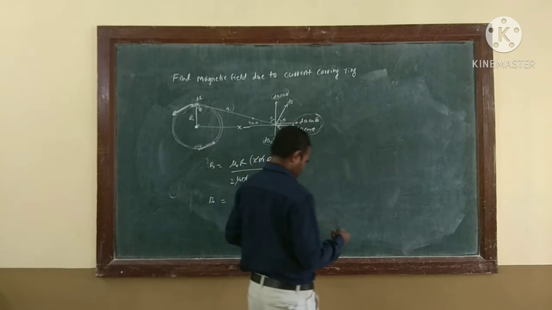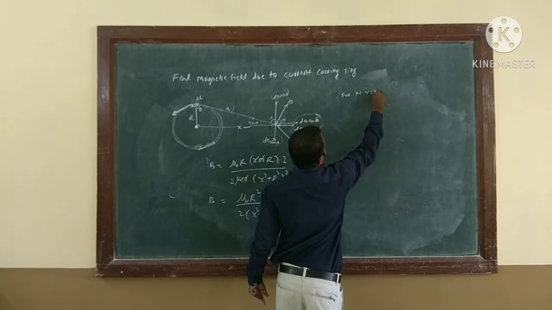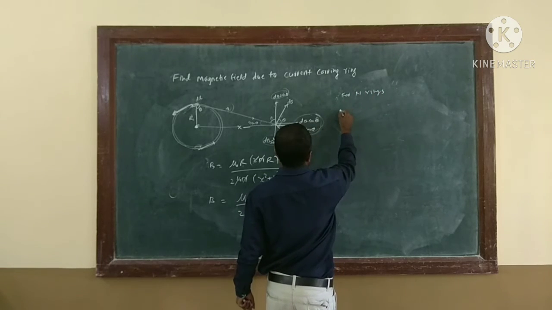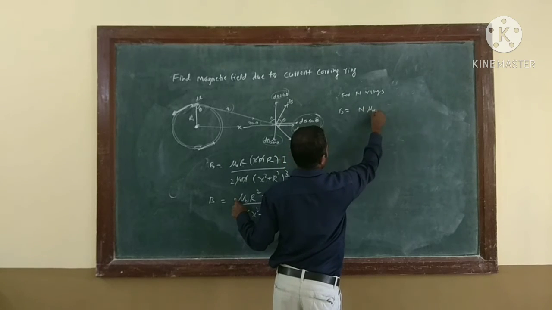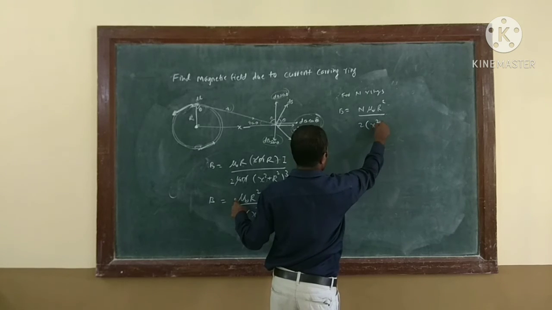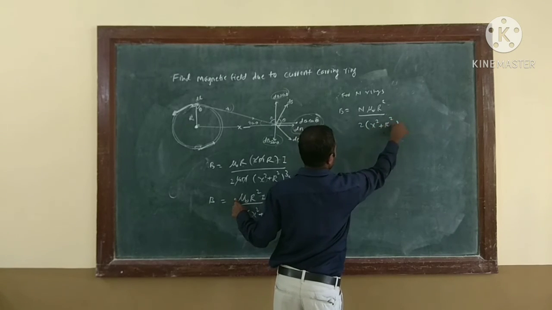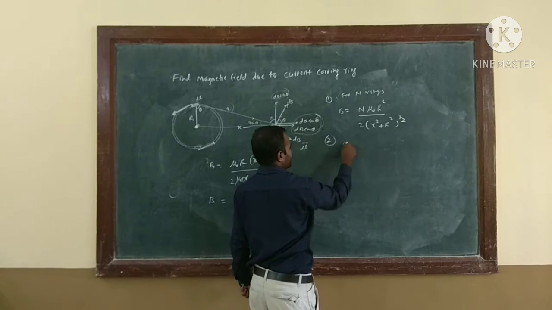For n rings, it will be multiplied n times: n mu 0 I R square upon 2 times R square plus x square raised to 3 by 2.